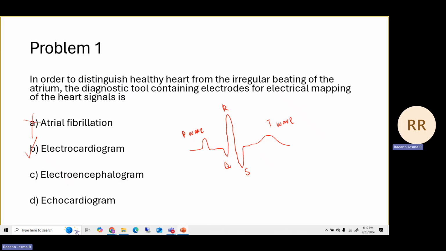When a person is sleeping, the waves will be different. Also, if somebody has some kind of issue in the brain, like if they are affected by a stroke, or if they have a disease like Alzheimer's and so on, the electrical activity in the brain will be different. So by that we can diagnose diseases in the brain. That is the electroencephalogram.